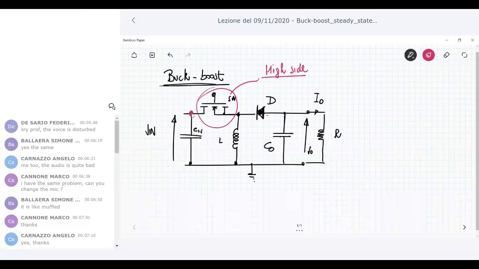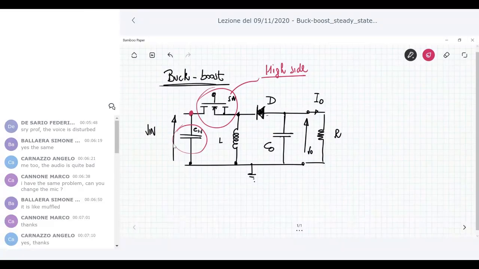Remember that Cin is the simplified version of what is an input filter. This can reduce the voltages at the input side of the converter. In that case, it means that the input filter is to be designed also for this occurrence.